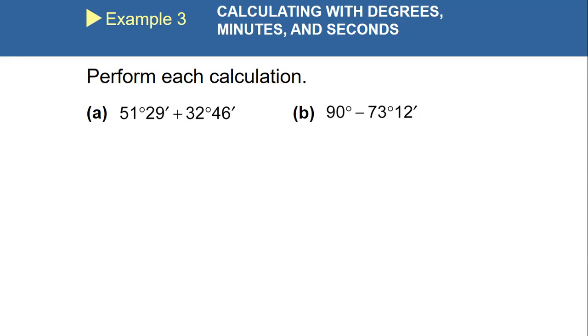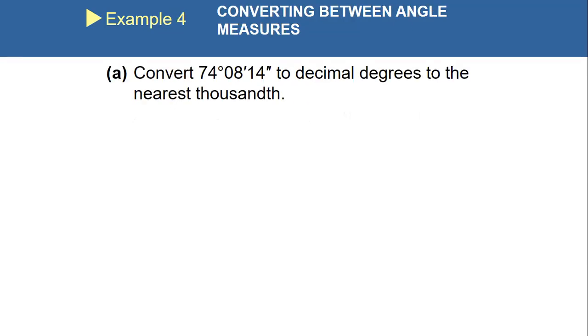What this is saying is that I've gone 51 degrees and 29 minutes. That's one angle measurement, right? The other angle measures 32 degrees and 46 minutes. We're going to add those two together.